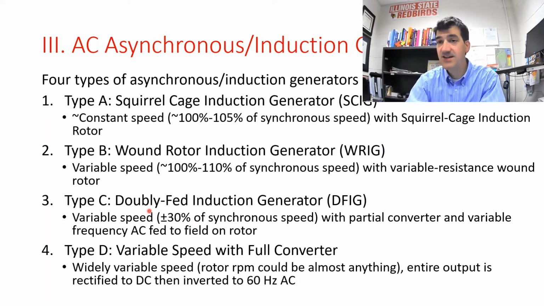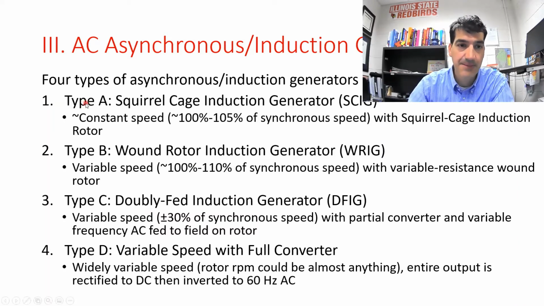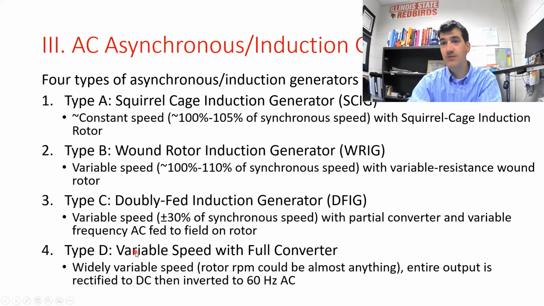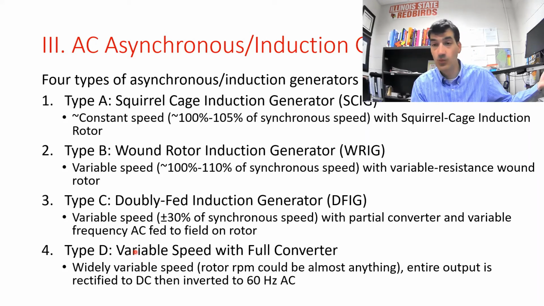But the idea, as we go down this list from type A, type B, type C, type D, is that we're getting generator designs that allow more and more variability in the input speed. That's a good thing because we have variability in our wind speed input, and sometimes in hydroelectric speed input.